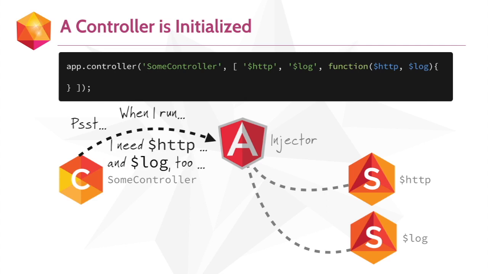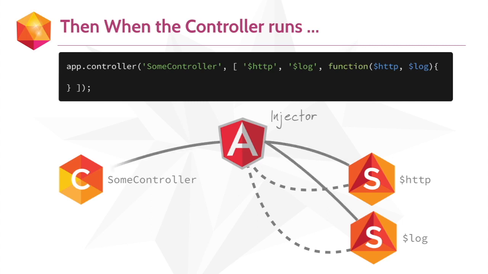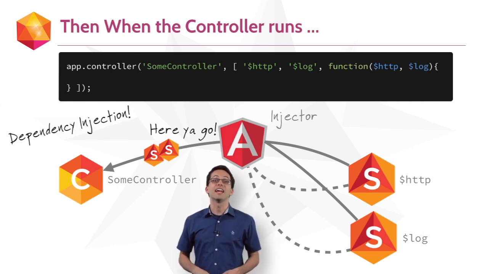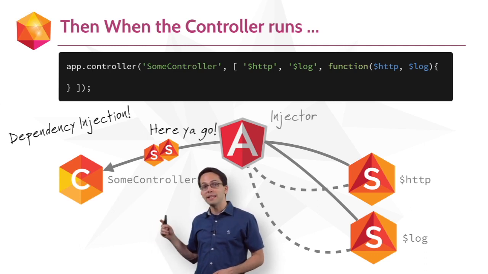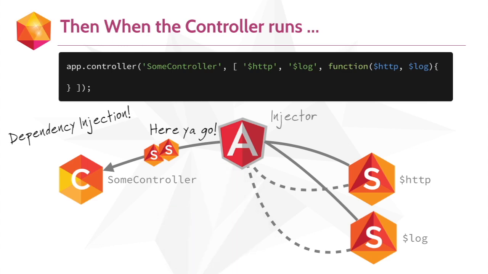Injector says, cool. Then when our page loads and our controller gets used, the injector grabs the services that our controller needs and passes them in as arguments. That's called dependency injection because it's injecting the dependencies, in this case the services, into the controller as arguments.